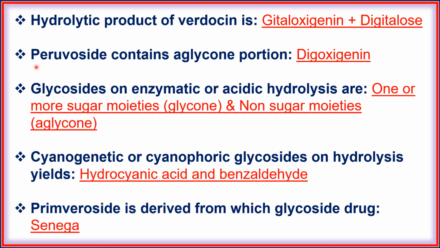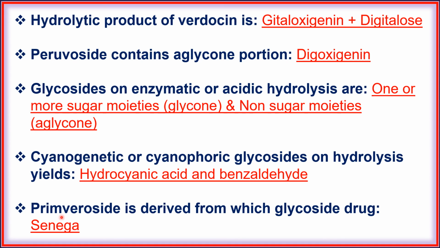Next, perivoside contains a glycone portion, that is digoxigenin. Next, glycoside on enzymatic or acid hydrolysis gives one or more sugar moieties, that is glycone, and non-sugar moiety, that is aglycone. Next, cyanogenetic or cyanophoric glycosides on hydrolysis yield hydrocyanic acid and benzaldehyde.